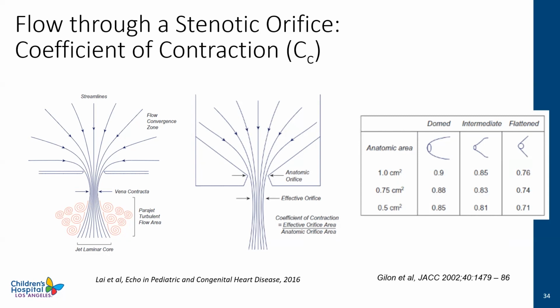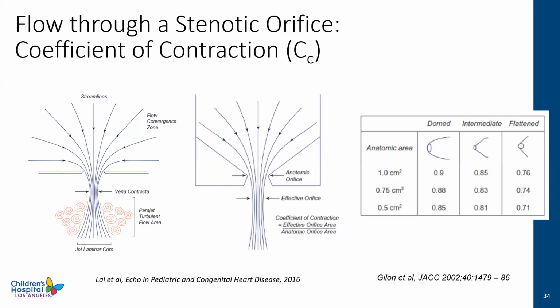With the figure, you can see on the left, you have a relatively flat orifice, and that's comparing it to a circular orifice on the right side, but with a conical inlet. And so because the direction of flow and the lateral streamlines are less angulated relative to the central axis of flow, the conical inlet example actually results in less flow contraction at the level of the vena contracta.